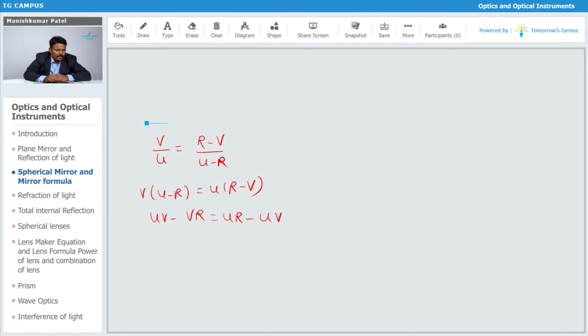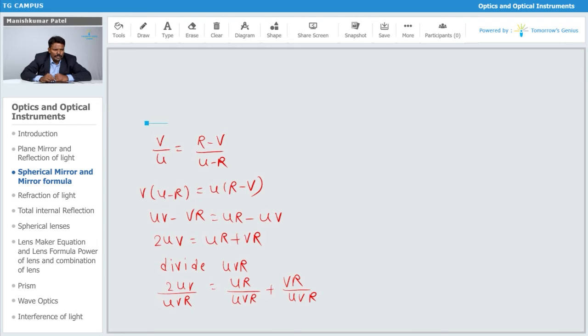Again this is 2UV equals UR plus VR. Now divide by UVR. So this is 2UV upon UVR, similarly UR upon UVR plus VR upon UVR.